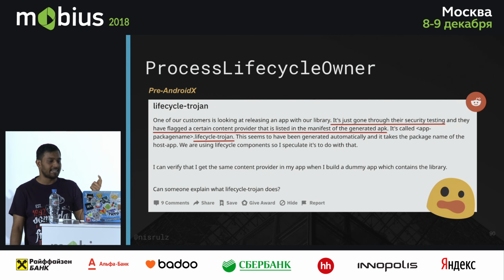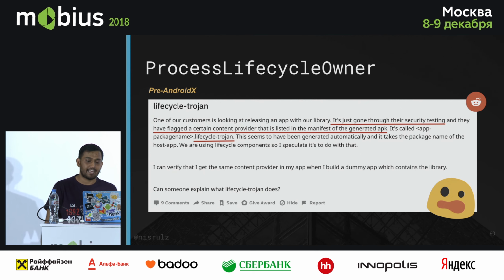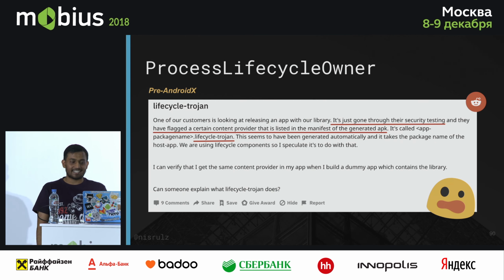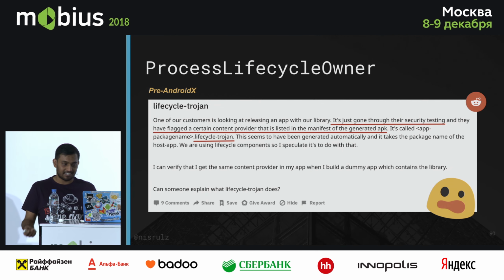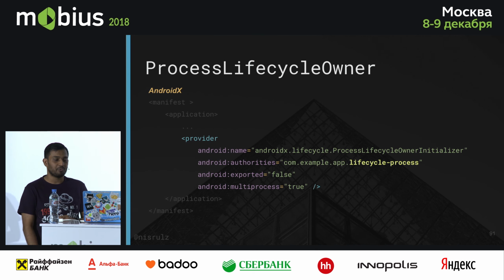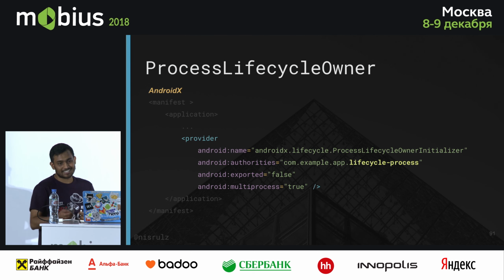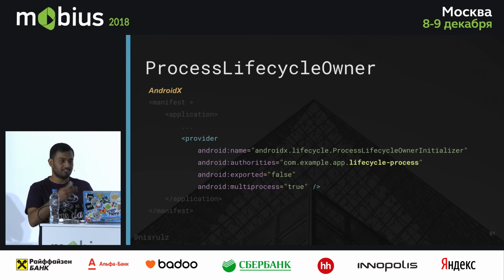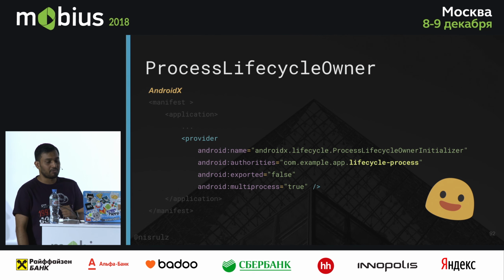Someone reported that one of their customers was looking at releasing an app with their library. It went through security testing, and they flagged a content provider listed in the manifest of the generated APK called lifecycle-trojan. So security teams just didn't like the name at all. With AndroidX, they fixed it, and it's now called lifecycle-process. It's a funny thing that happened over time, but as library developers, we make mistakes, which is fine, and you fix it with new version upgrades. The same way, I think, app developers would do it too. So yeah, people were happy with this.